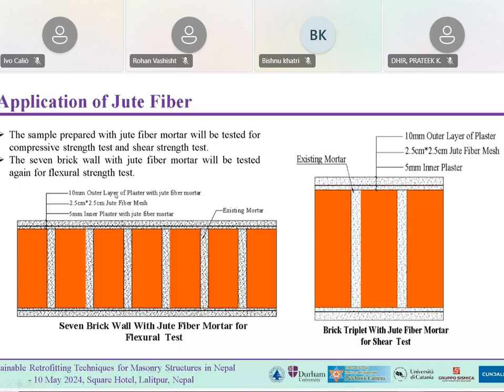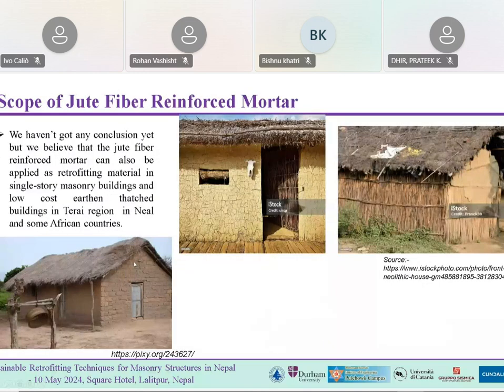About application, for multi-story buildings or more than 2 stories, we doubt it. The jute fiber will perform insignificantly. So the application area must be single-story masonry buildings, like these tested roof buildings, and some similar kinds of buildings with low cost.